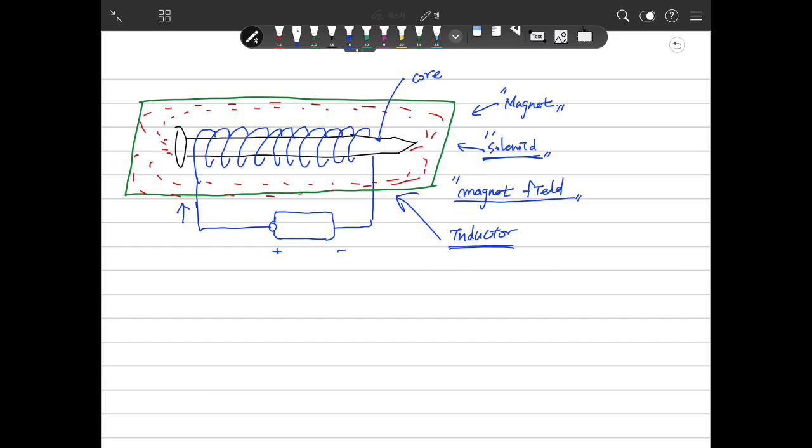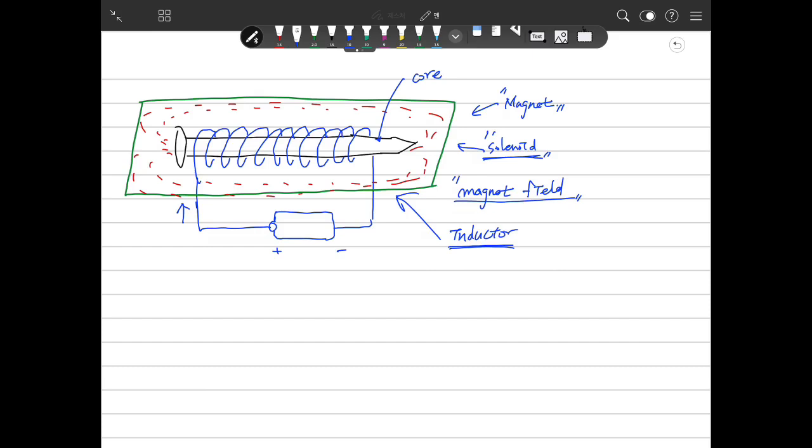But in air, water, or wood, the magnetic field is not generated well. So when you want to store magnetic energy, you should use a core such as iron or ferrite. So an inductor needs a core wrapped with a coil in this way.